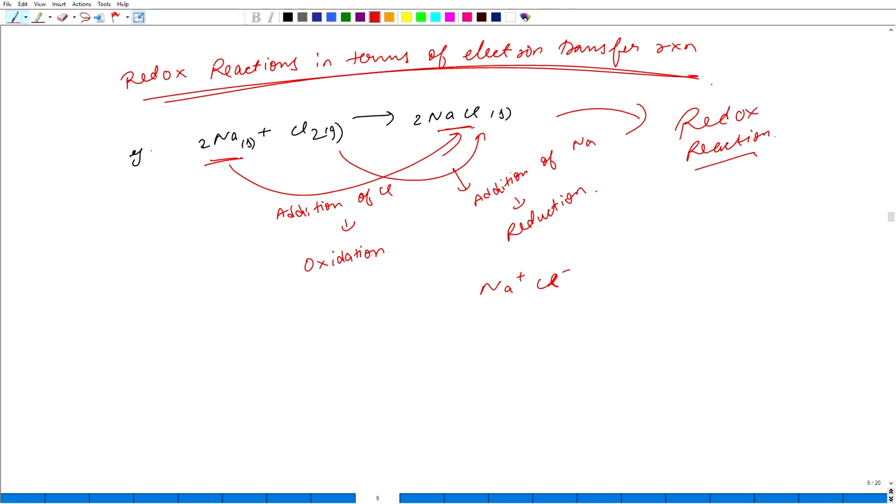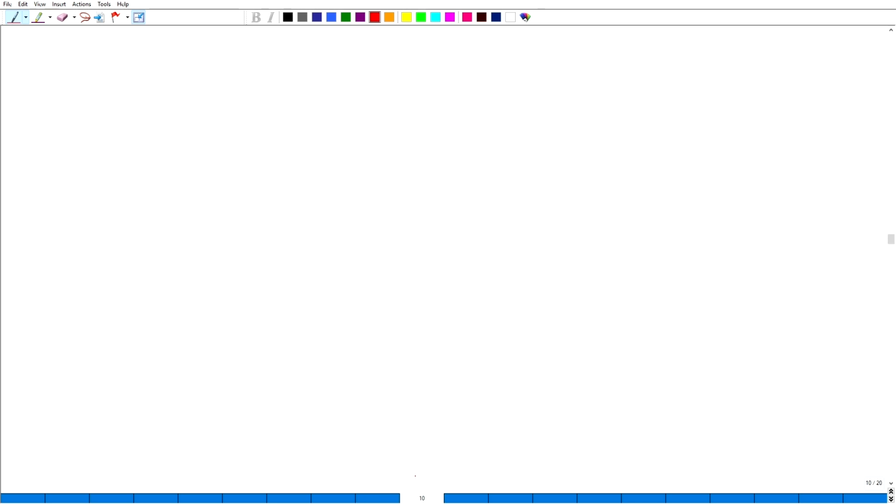Now, if we see this reaction from the electron transfer point of view, I am again writing Na plus Cl2, it forms Na plus Cl minus.